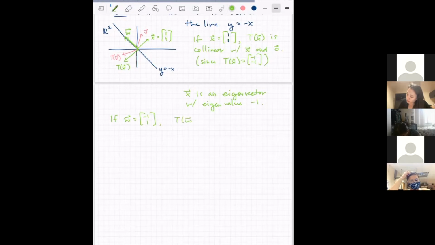Then T of W just sends it to itself, right? And so this is an eigenvector with eigenvalue lambda equals 1 because it didn't change at all.